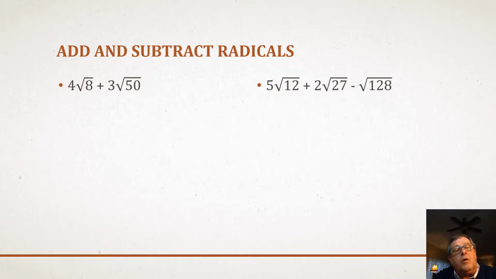So here we got 4 times the square root of 8 plus 3 times the square root of 50. So I'm thinking about, okay, well, in 4 square root of 8, is there a perfect square that I could pull out of there? And there is, because this would be the same as 4 times the square root of 4 times the square root of 2.